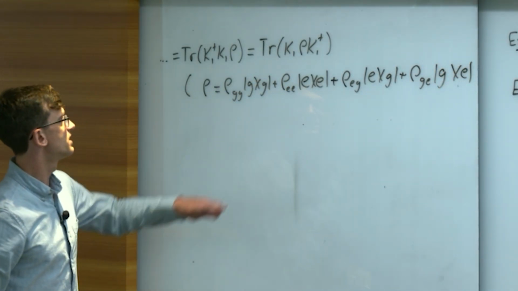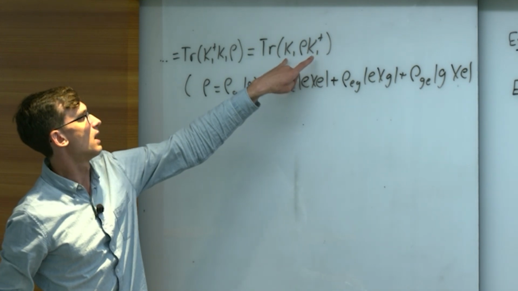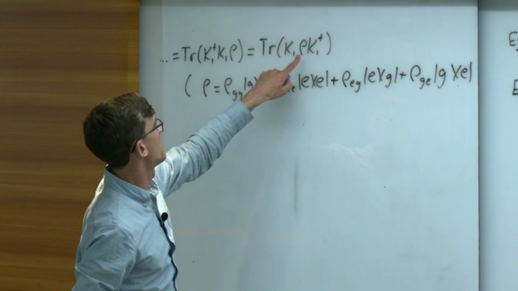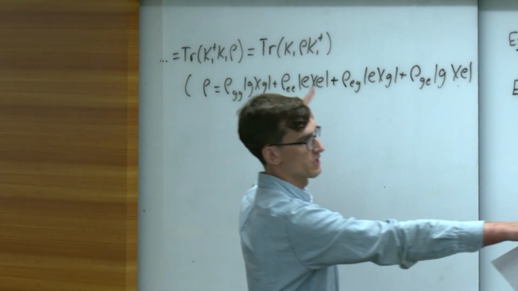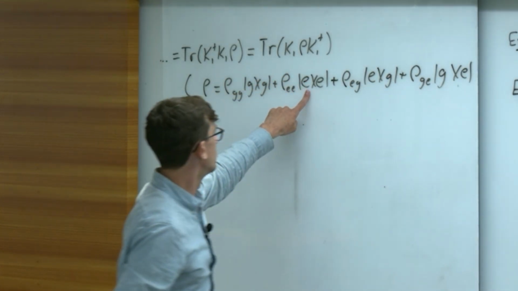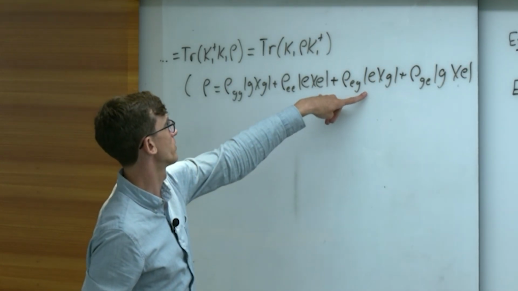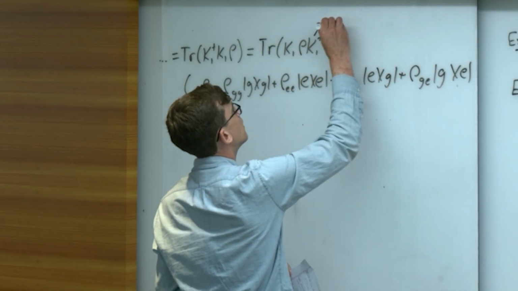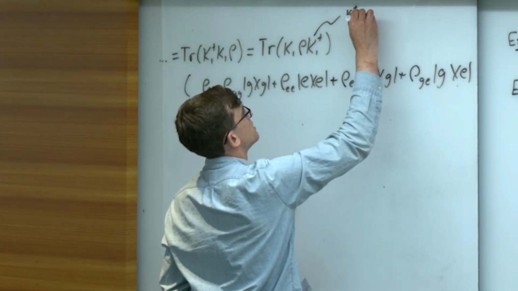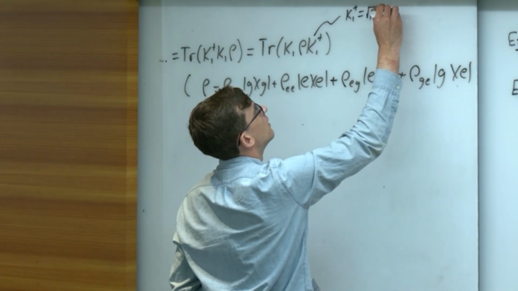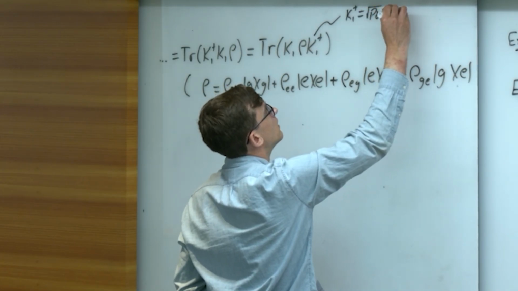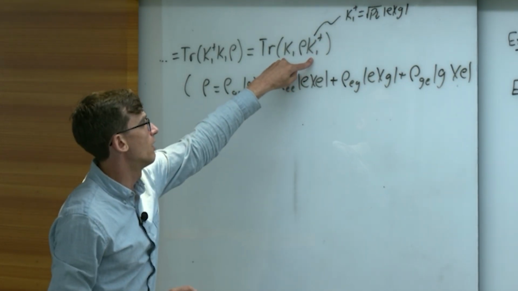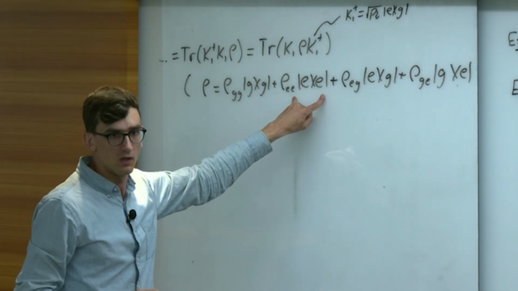So what is this going to look like? Well, if I take K1 and apply it to rho, it's going to select out the E component, so it's going to select out these two components. And then if I apply K1 dagger, which is still the square root of P_down times |E><G|, you can see immediately that I'm going to select out the EE component of this density matrix.